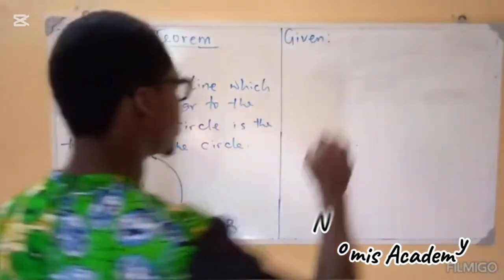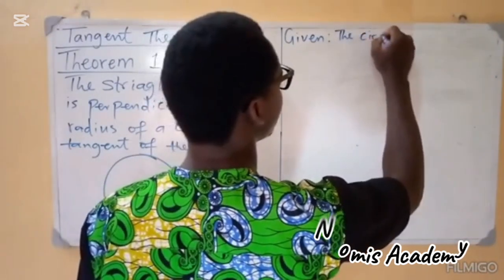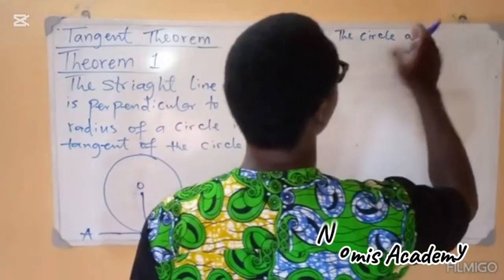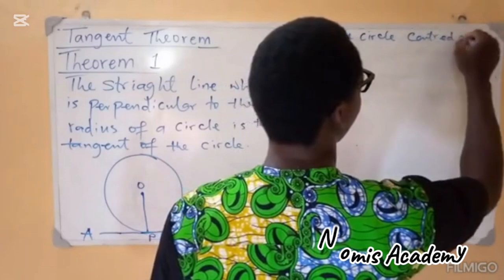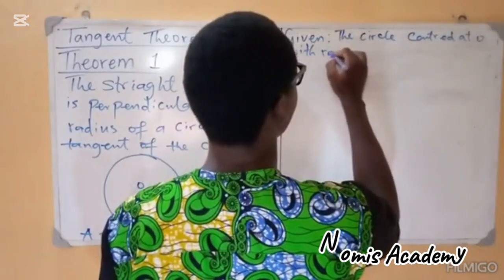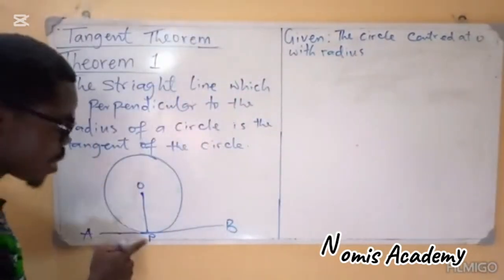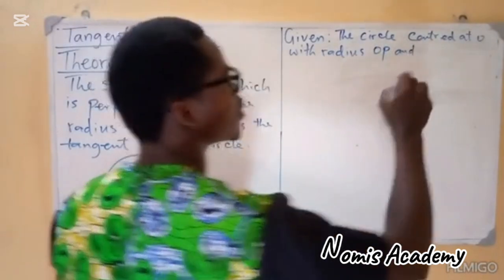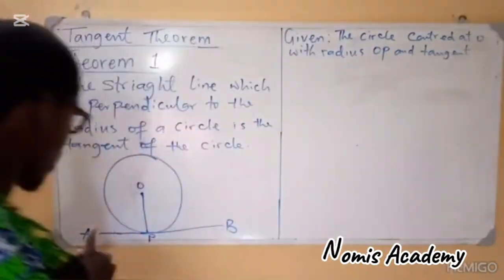We are given the cycle centered at O with radius OP and tangent AB.